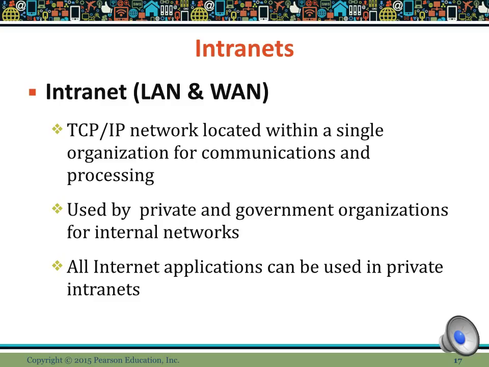So if you were a small company in Minneapolis, a credit union, and you had 5 branches, a local area network would include the network within that one office of that credit union. The computers would be connected, but nobody could access them from the outside.